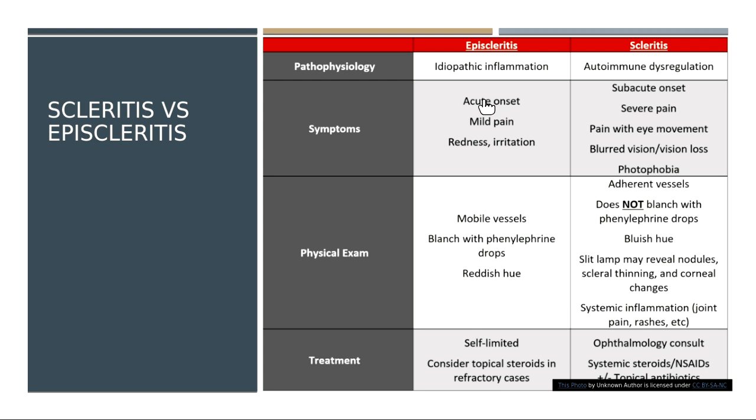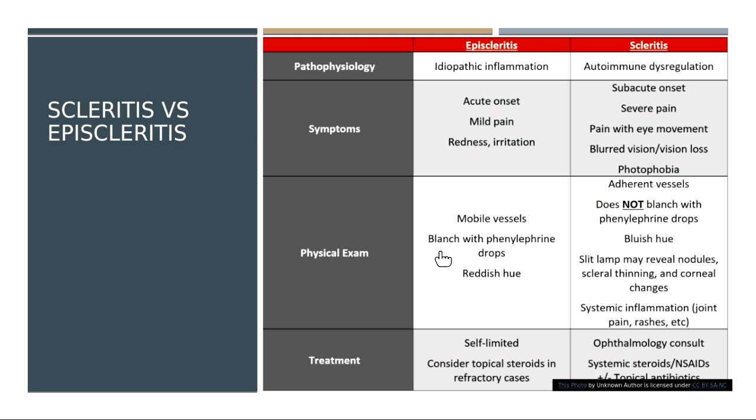However, a third of the cases of episcleritis may be associated with autoimmune diseases. And if a patient presents with a scleritis, you have to investigate. Symptoms: mild pain, redness, irritation, acute onset. Scleritis is usually more insidious. Pain is very severe, with blurred vision, and you may have vision loss and photophobia.